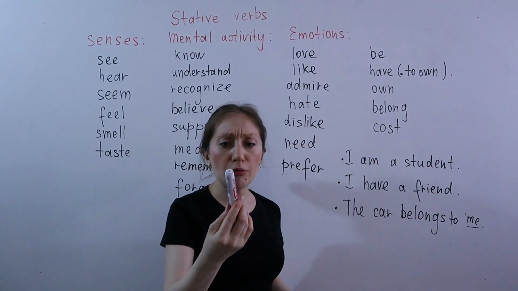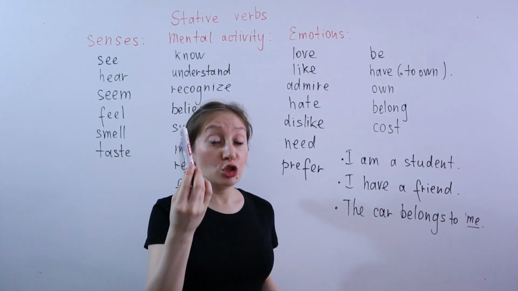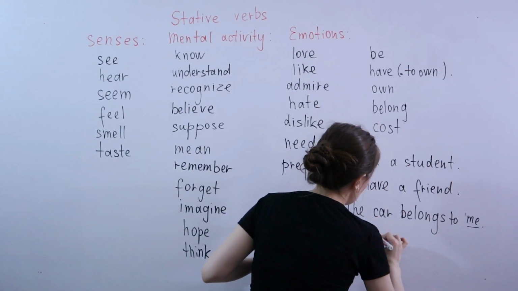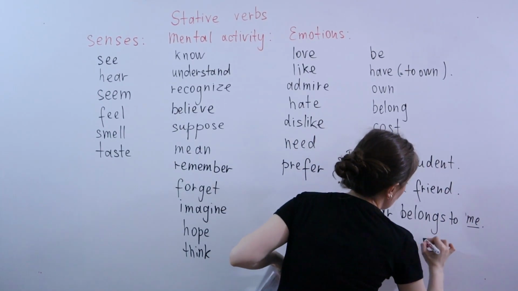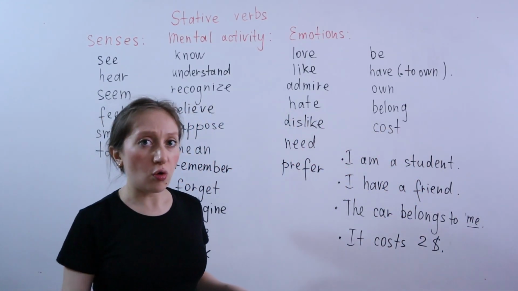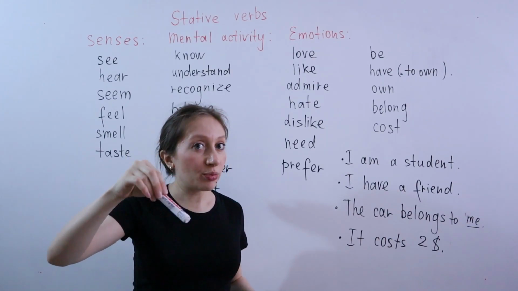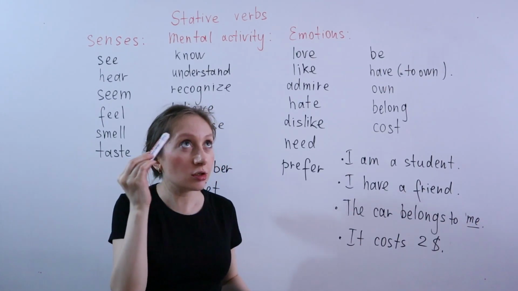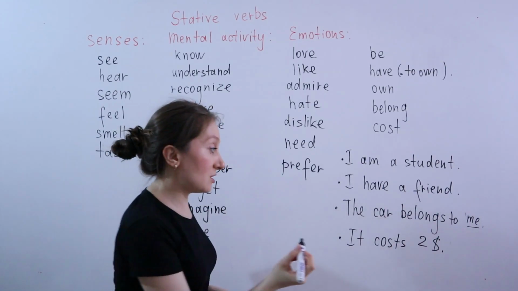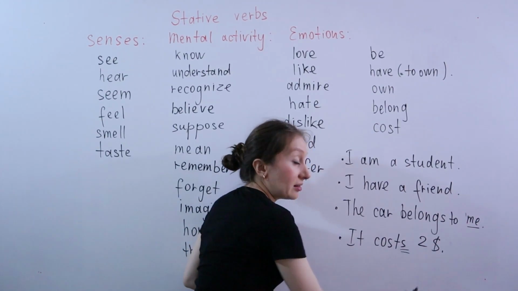How much is it? I don't know. It costs $2 maybe, right? It costs $2. So, how much does it cost? I'm asking with present simple. How much is it costing? No. How much does it cost? It costs, with s, because he, she, it, s at the end, right?